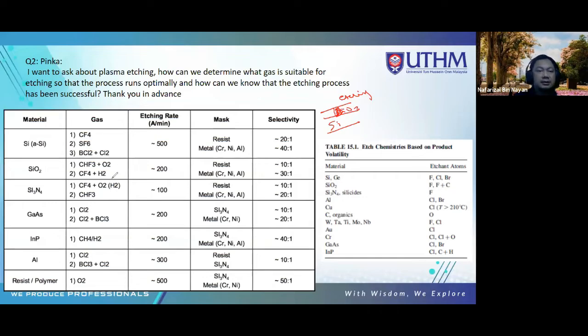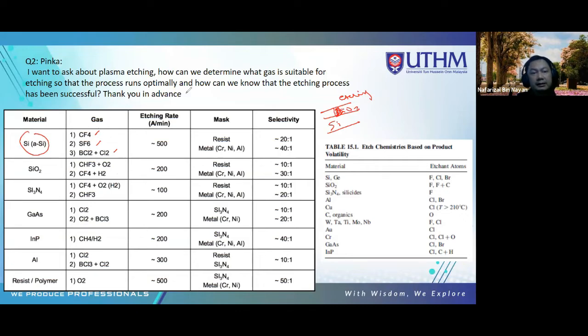This table shows the material and the gas that can be used. For example, if you want to remove silicon or amorphous silicon, you have to use CF4, SF6, and BCl, which are fluorine-based and chlorine-based. These are the gases that will create a plasma.